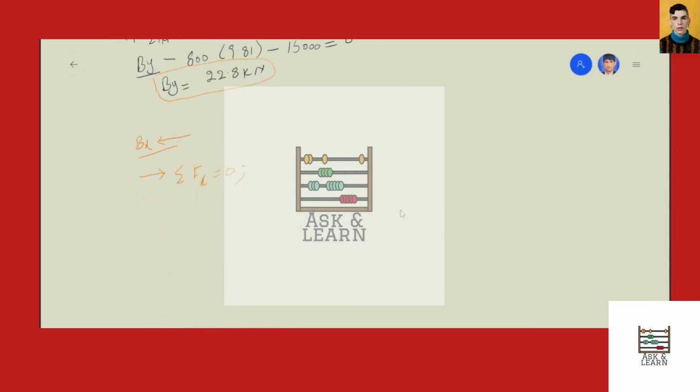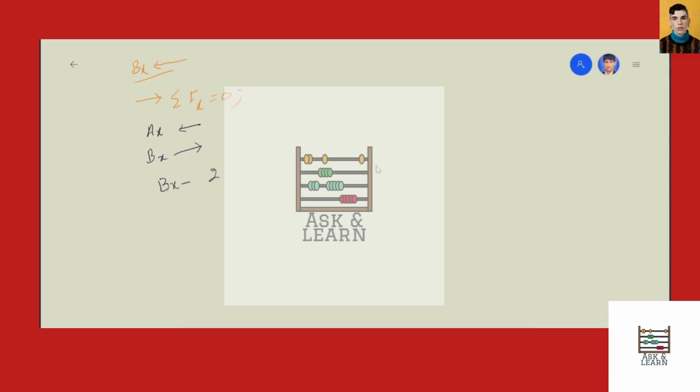One force is Ax, which is acting in this direction, and Bx is acting in this direction. These two forces are in opposite directions. So Bx minus 25.4 is equal to 0.